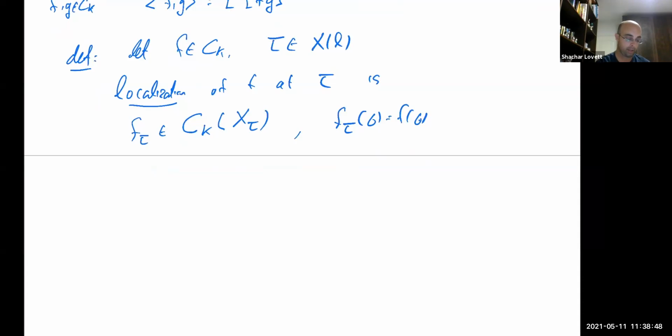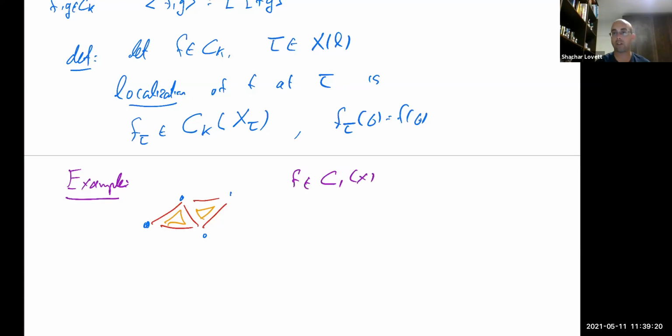Let's think about this three-dimensional object. We have these nodes, and we have our edges, and maybe here we have a triangle. Let's say I have a function here that gives values to nodes. This is an example: a function in C1 of X that gives weights to nodes.